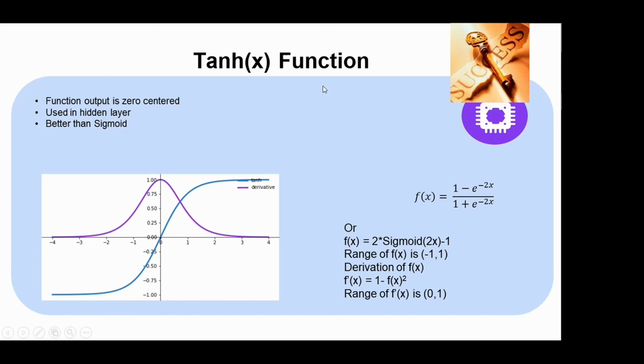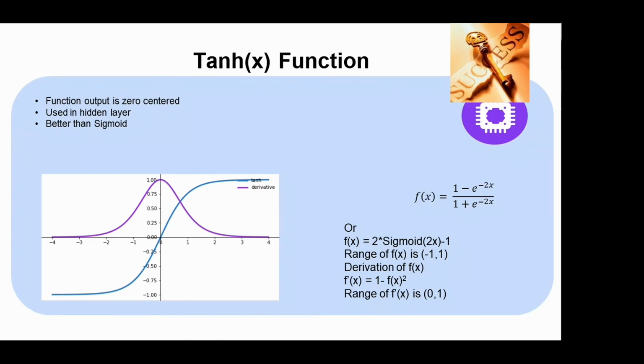These are non-linear activation functions, and we have to put these non-linear activation functions in hidden layers. Sigmoid and softmax will be used in the last layer. TANH, ReLU, and the variants of ReLU will be used in hidden layers.